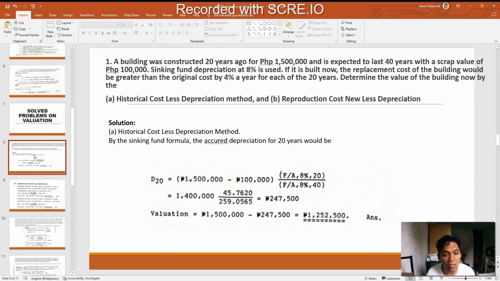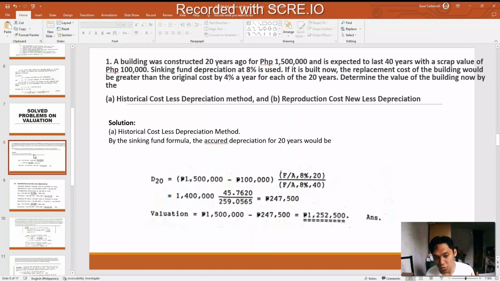of the equal payment series compound amount, which has the same substitution values, differing only in the time or the years to be substituted.